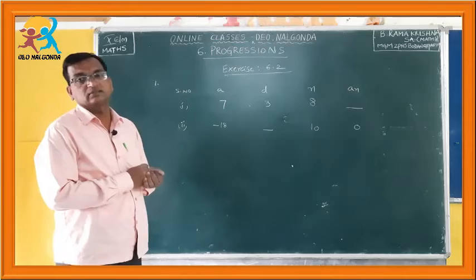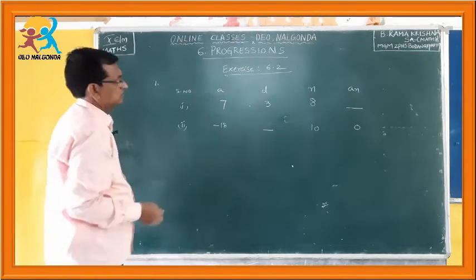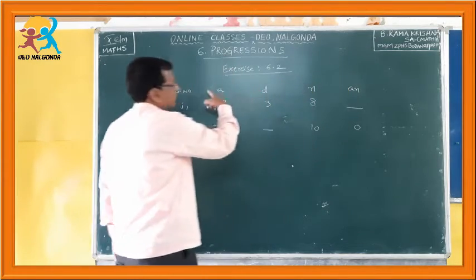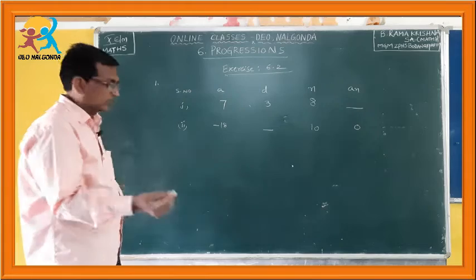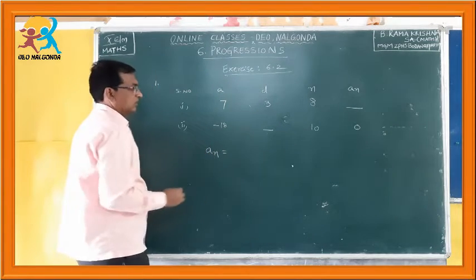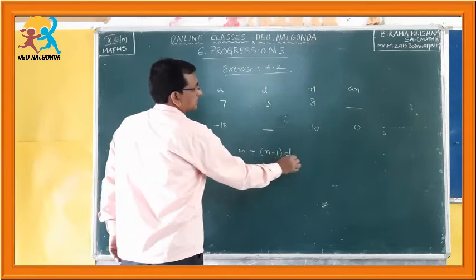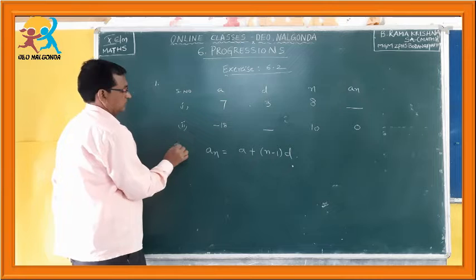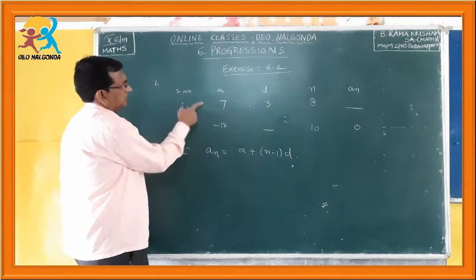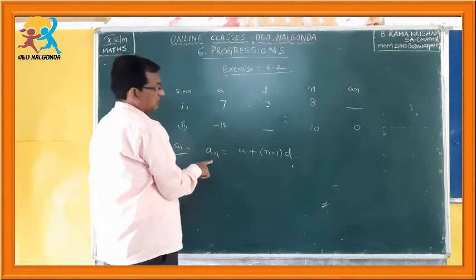Now, how to find these values? Let us try to solve this. There is a relation between all these things, that is the nth term relation. An is equal to A plus (n minus 1) into D. This is the formula. You substitute the values given and find out the value which is not given.